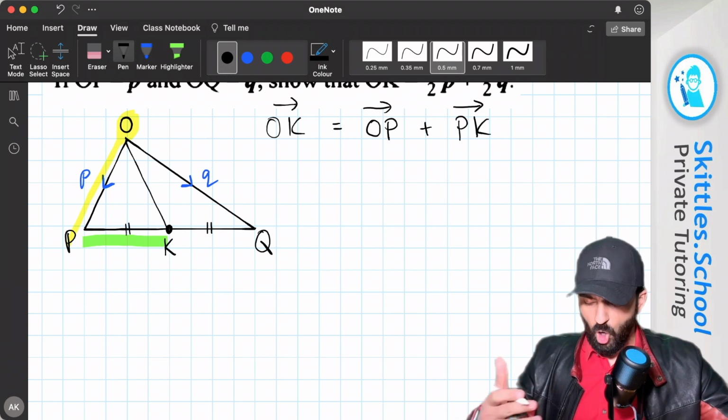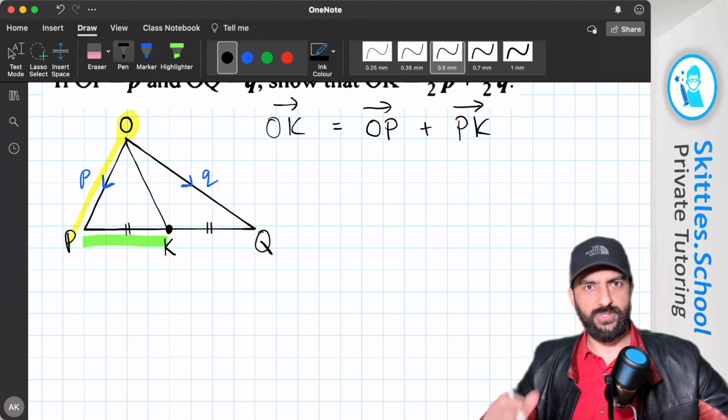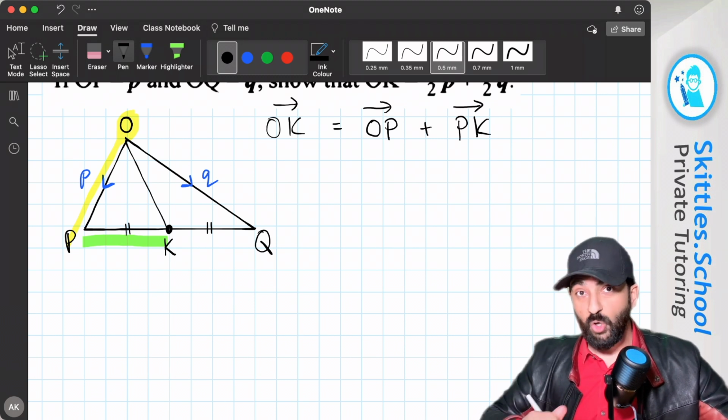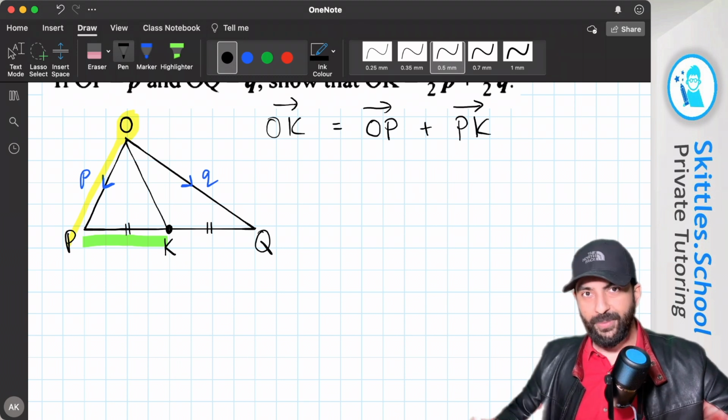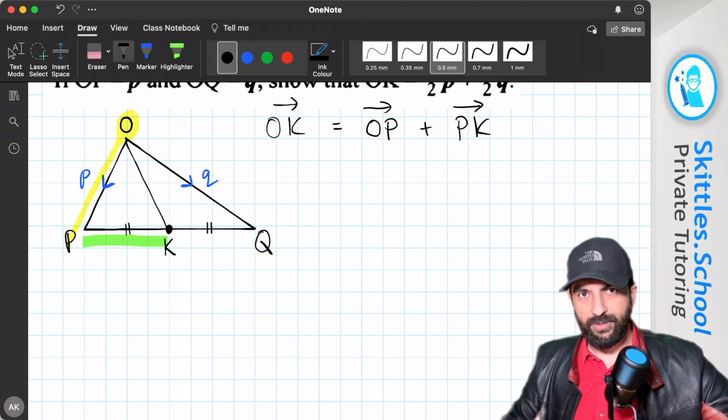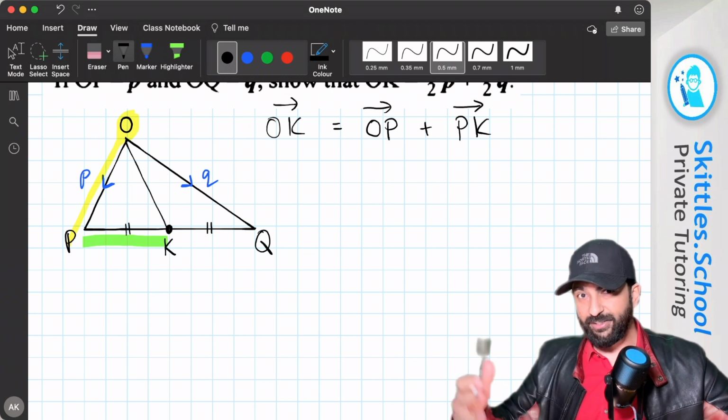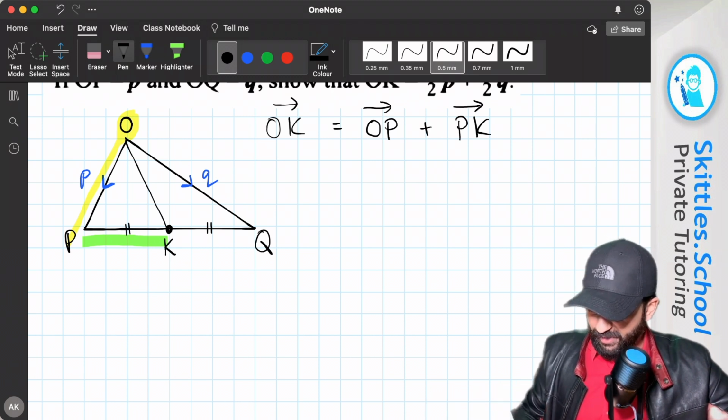Now we know what O to P is because it tells us in the question, but we don't know what P to K is, so we're going to have to work that one out. So let's start there. Now how do we work out P to K, that green line? Well, we know it's half of P to Q. So let's start with P to Q. How do we get from P to Q?